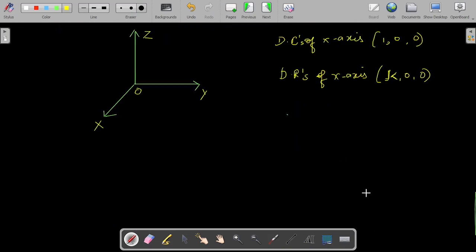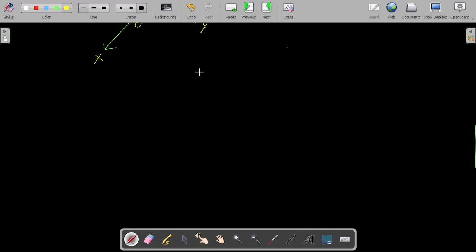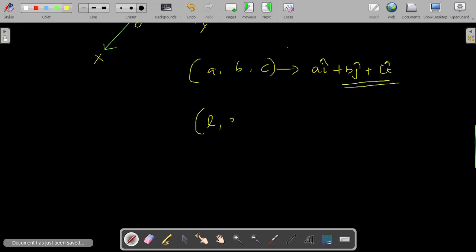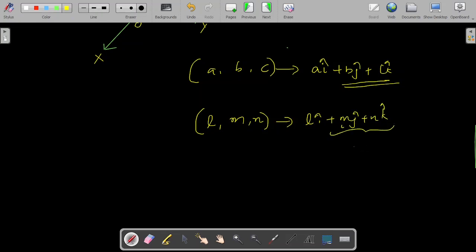We need both. So in case you have a set a, b, c as direction ratios of a line, then you can write its vector components as a i cap plus b j cap plus c k cap. This is always true. If you have direction cosines l, m, n, then its vector components are l i cap plus m j cap plus n k cap. But this is always a unit vector, whereas its direction is the same as this, but it need not be a unit vector.